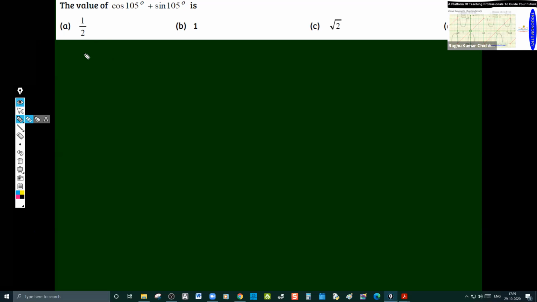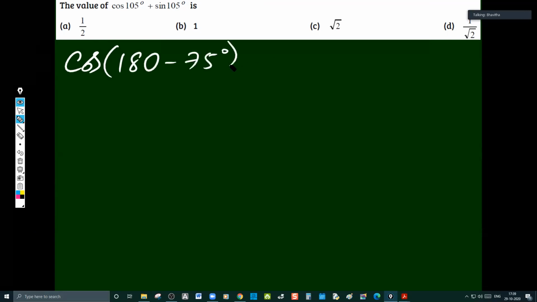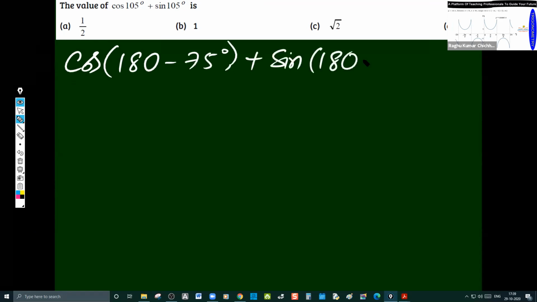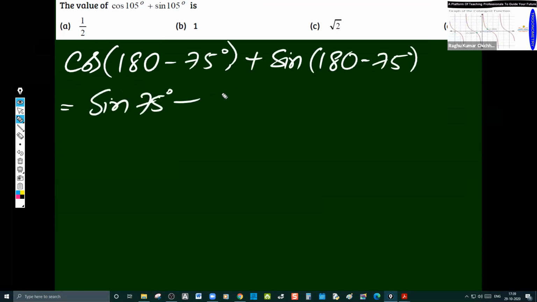And you can write this as cos of 180 minus 75 plus sine of 180 minus 75. I'm writing this first, sine 75, because it is second quadrant, and in the second quadrant cos is negative.